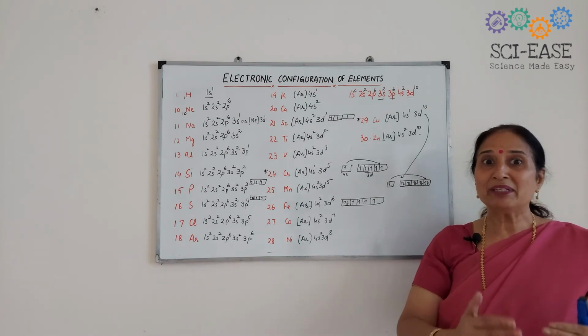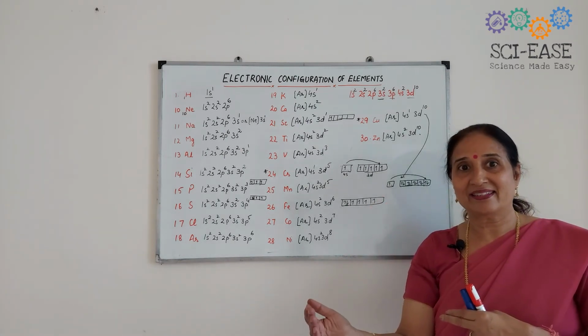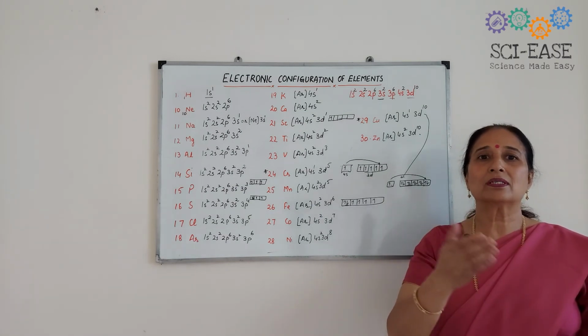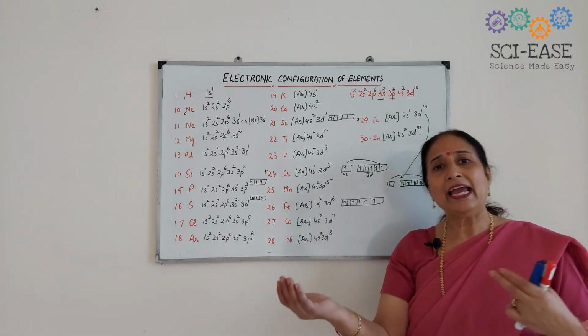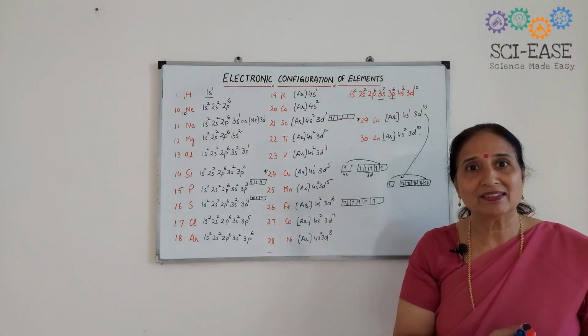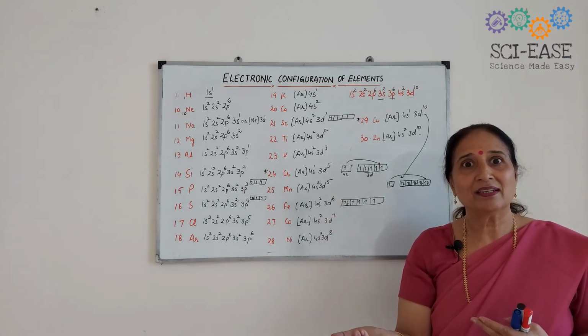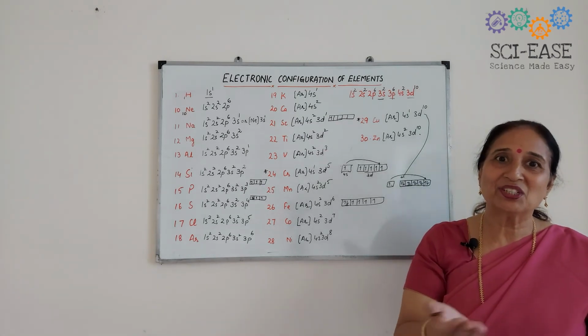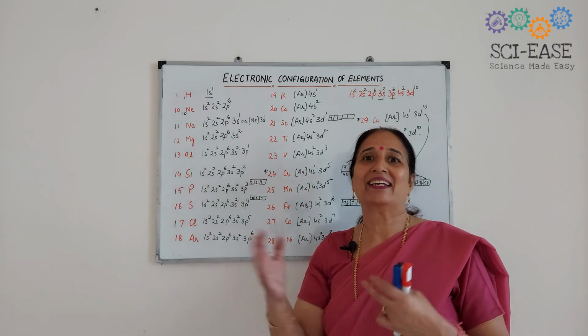Sometimes cations or anions are given. Chromium or copper, nickel, any, sodium, Na positive is given. Mg2 positive is given. Then you will write the configuration of neon in that case.